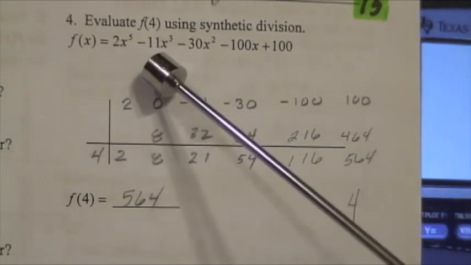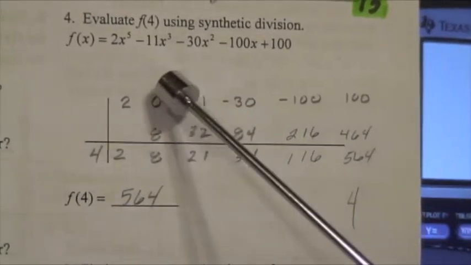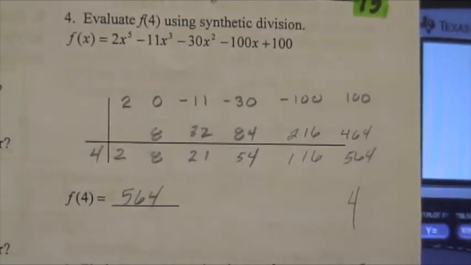Because there's no x to the 4th term up there, so you have to have a place value for that term 0. 4 times 8 is 32, minus 11 is 21, times 4 is 84, minus 30 is 54. 54 times 4 is 216, minus 100 is 116, times 4 is 464, plus 100, 564 is my remainder. That's the remainder theorem, f of 4 equals 564. The previous problem was the factor theorem.